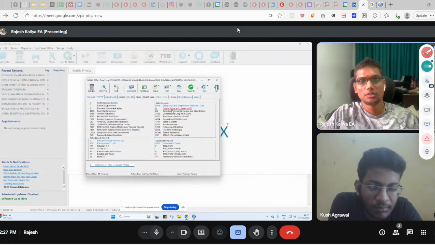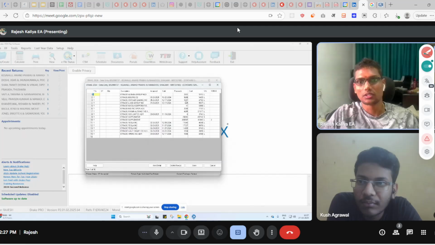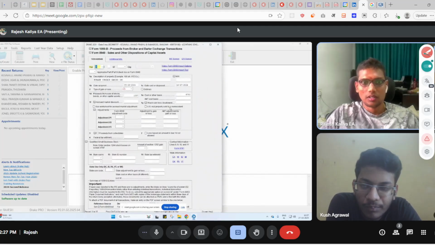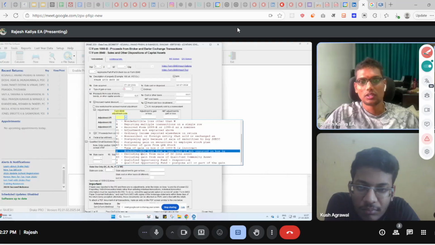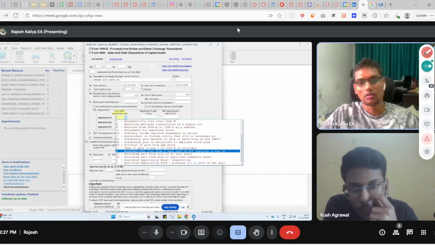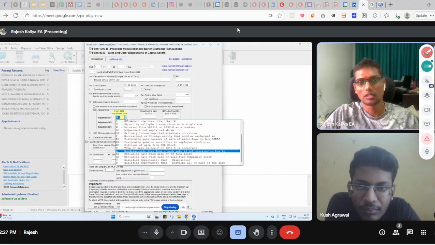So let me show you the inner values of those. Here you can see there will be many codes available. This is for code W, which is the non-deductible.